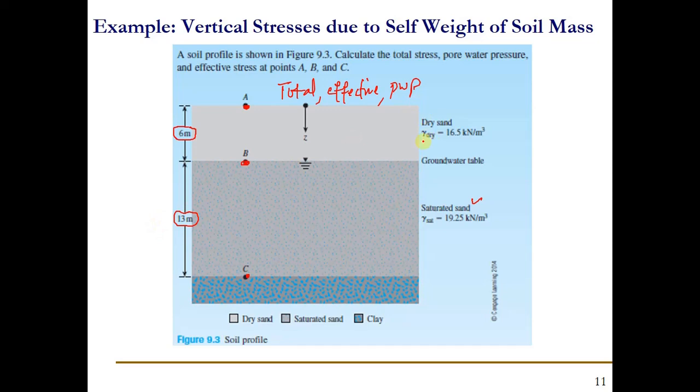The dry unit weight of the first layer is 16.5 kilonewton per cubic meter, and the saturated unit weight, gamma saturated, is equal to 19.25 kilonewton per cubic meter.